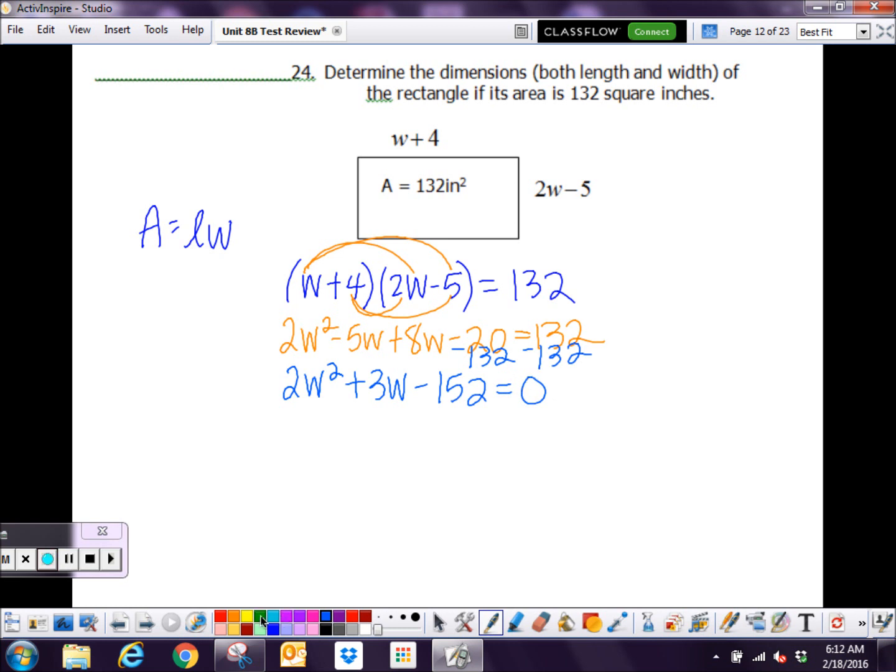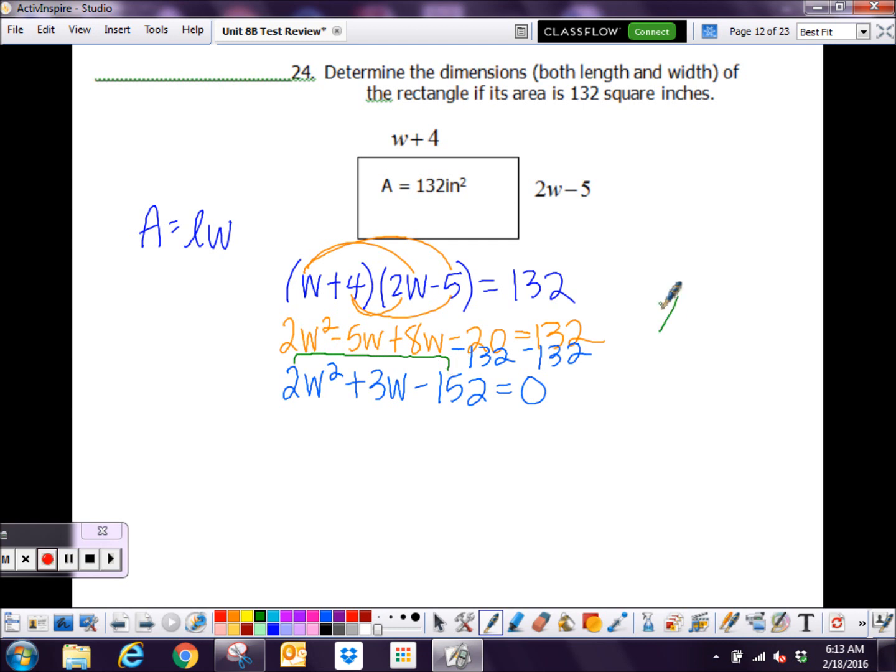Now I'm going to look at this, and I'm going to see if I have a GCF, and I don't, which is really bad news because we're going to have some big numbers here. So I'm going to do A times C. So 2 times a negative 152.